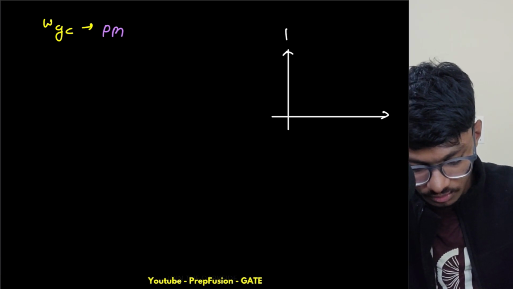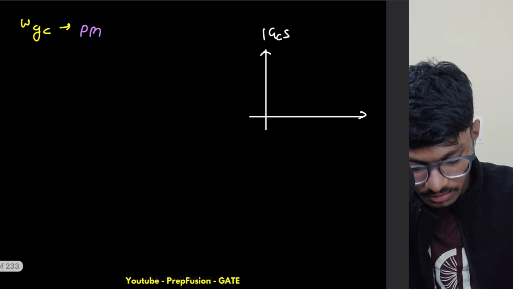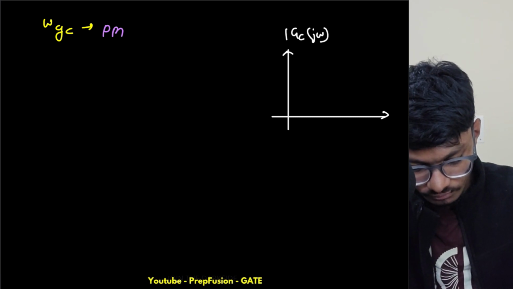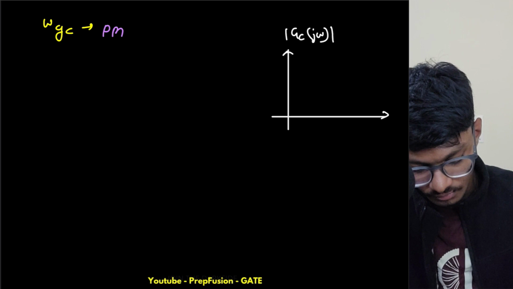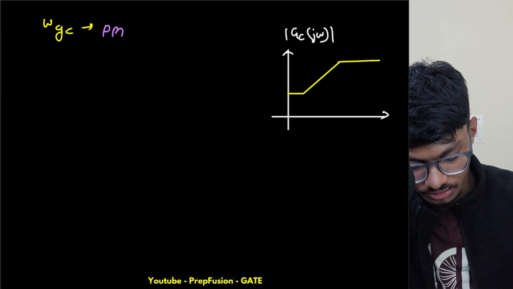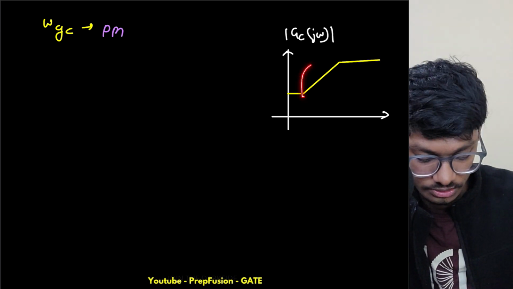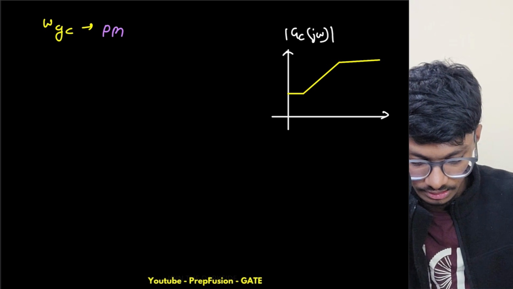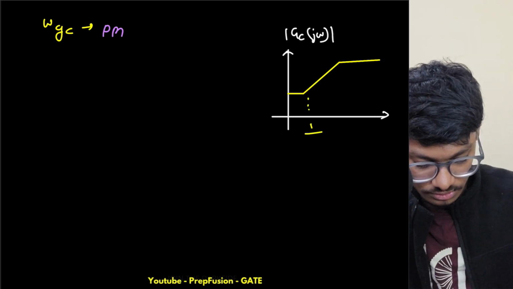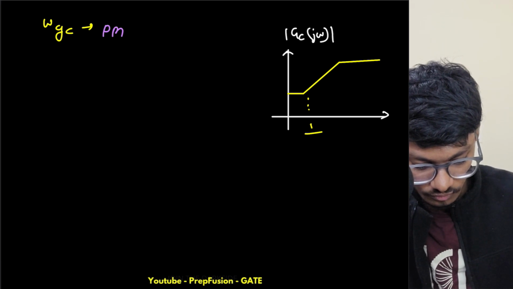If I draw the Bode plot of the lead compensator, initially it is some constant, then it increases, then it stays constant. For a lead compensator it's a zero dominating system, with corner frequencies 1 by tau and 1 by alpha tau.